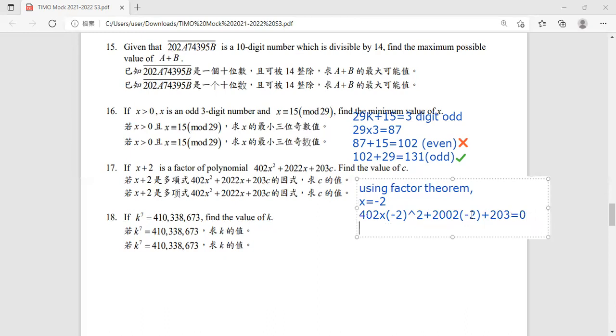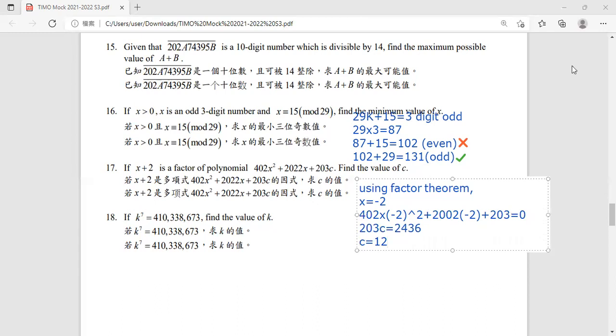Okay, and then, what's that? Nothing special.